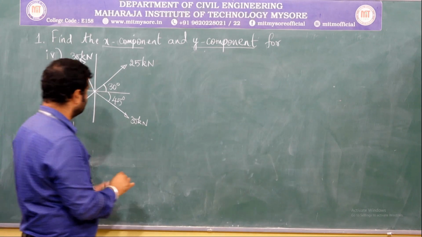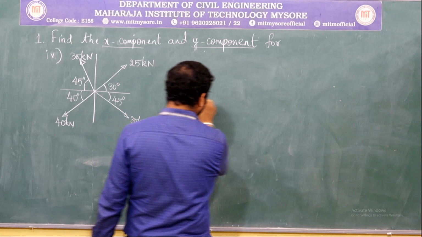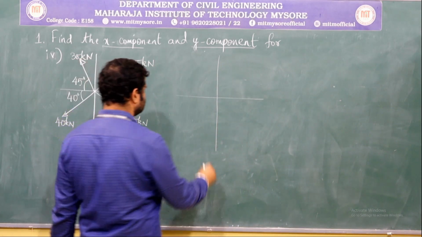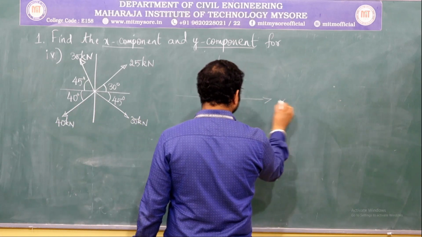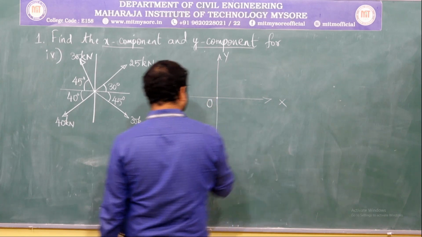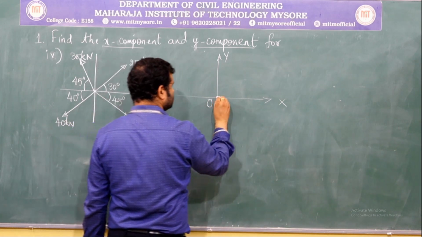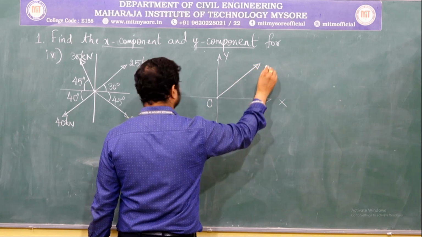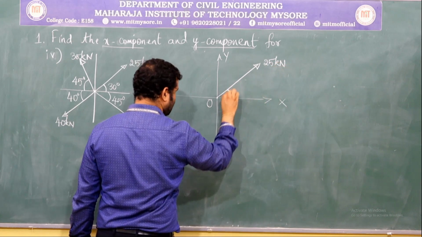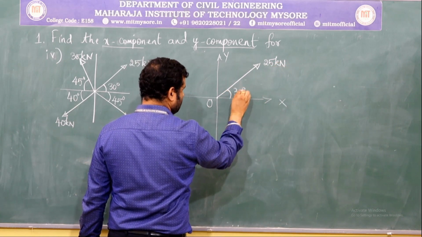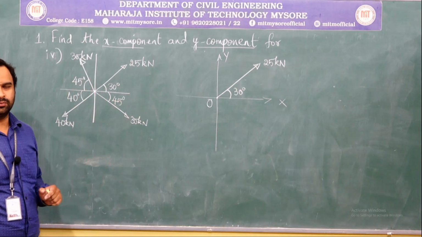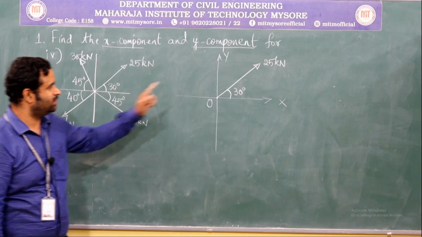So, let me repeat the same figure and also write the axes x and y. Let me write this point as point O. So, the first force is 25 kilonewton at an angle of 30 degrees. Let me go one by one. I have written only the first force. Now, how do you resolve this first force?